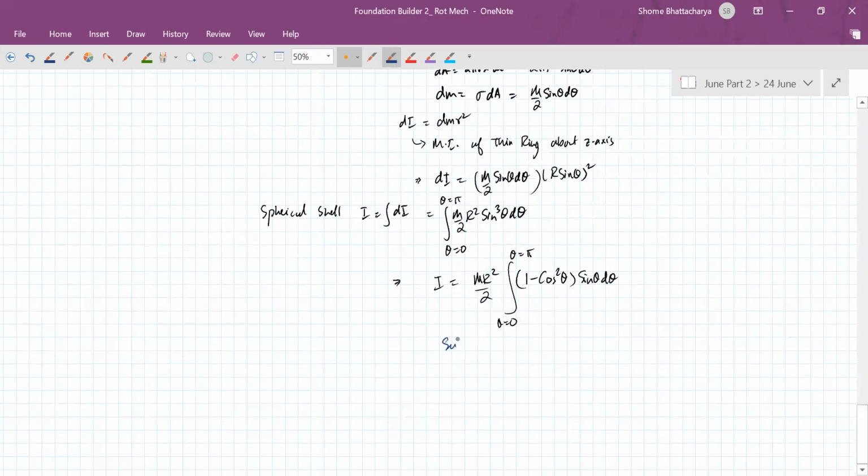We will substitute cos theta as z, so minus sine theta d theta is equal to dz.